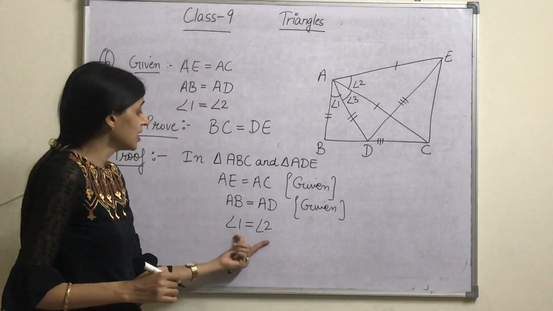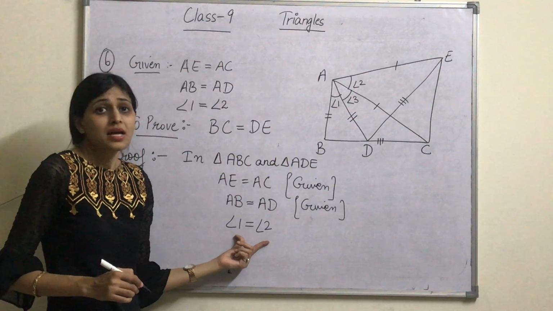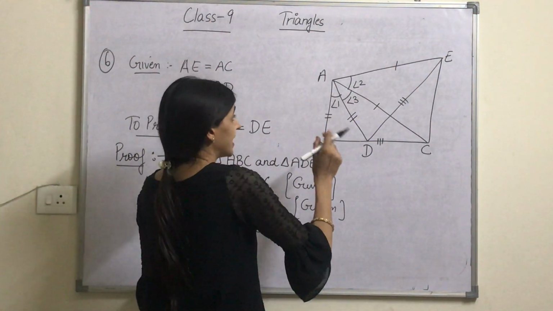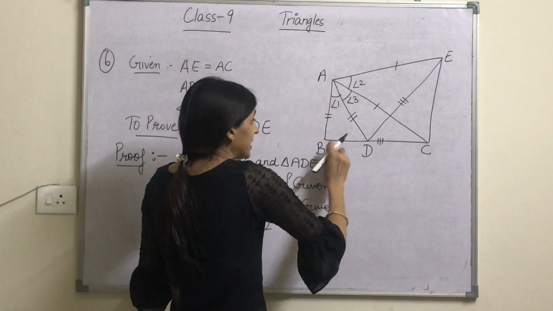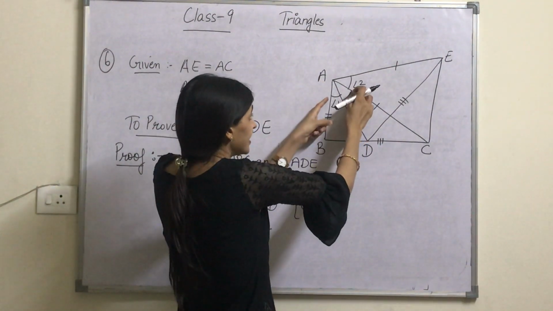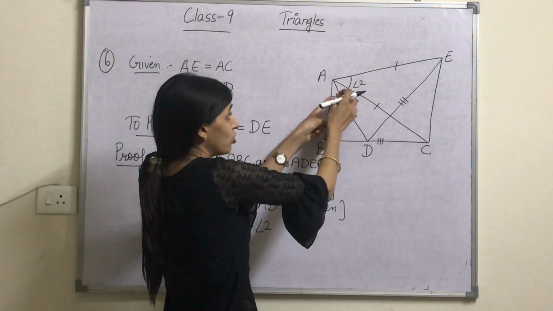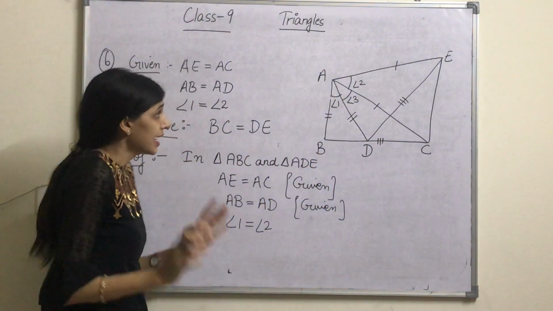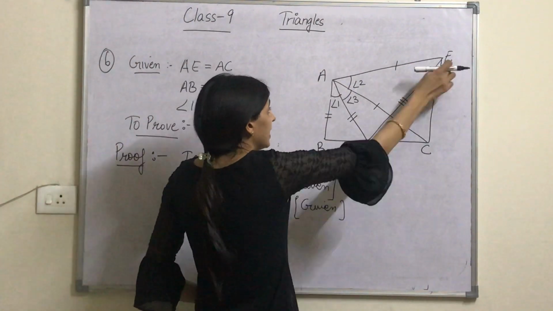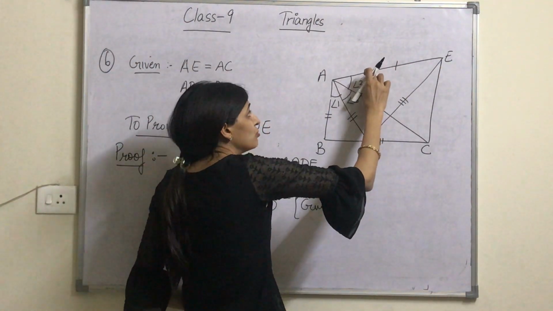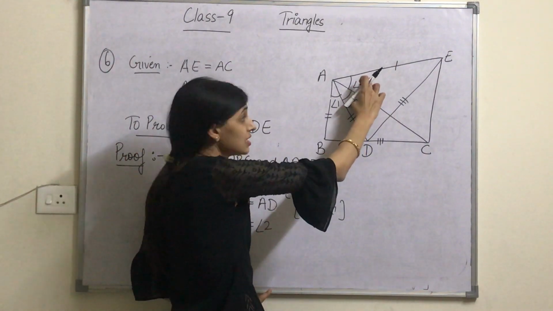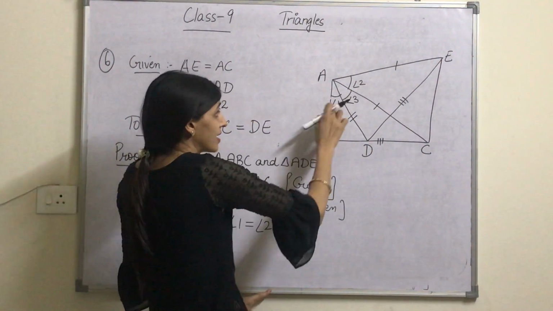But this condition will not suffice, because if angle 1 is equals to angle 2, look carefully, we are taking the triangle ABC. I need this whole angle, but only angle 1 is equals to angle 2. Similarly, in ADE, I have to take angle 2 plus angle 3, I need both the angles, but only angle 2 is equals to angle 1.